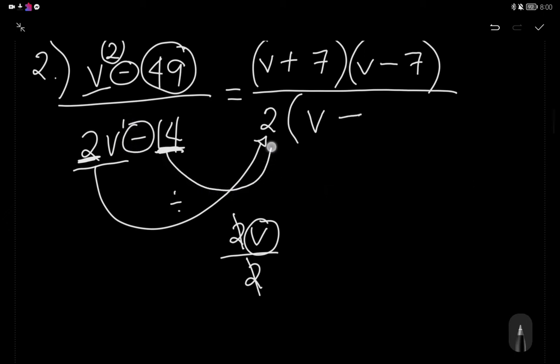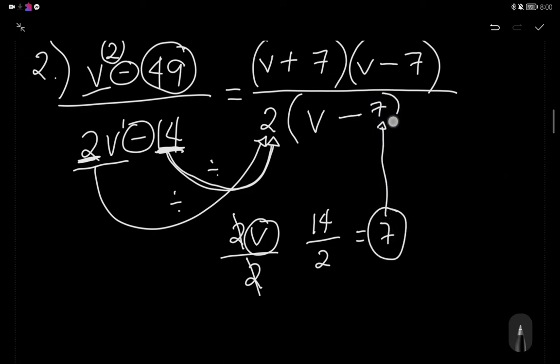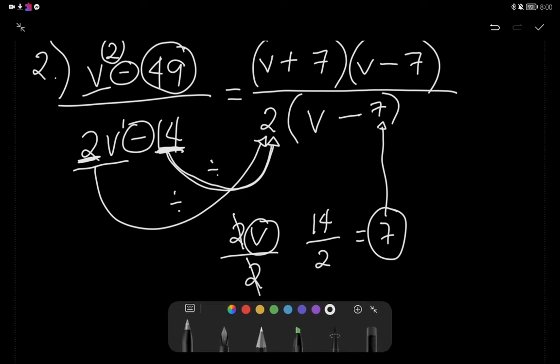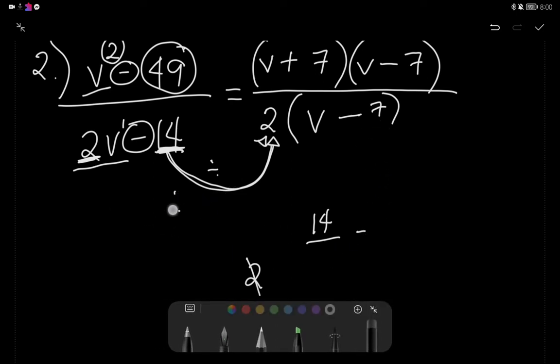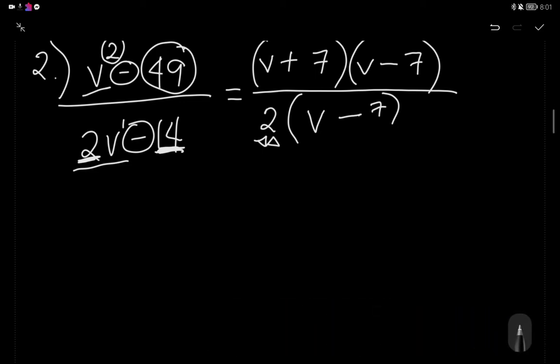Now, we can proceed to this one. 14 divided by 2, that is 7. So, we can write 7 here. Now, since we have factored out the numerator and denominator, we can proceed to step number 2. Divide or cancel out the common factors in both numerator and denominator.